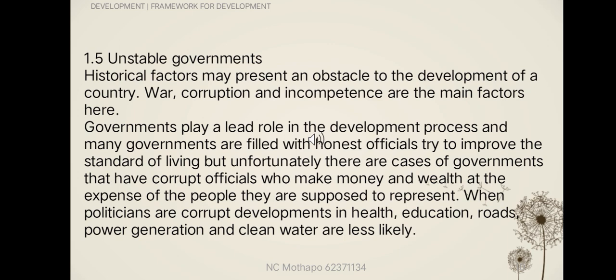Governments play a lead role in the development process, and many governments are filled with honest people who do a good job trying to raise both the standard of living and quality of life of the people who live there. Unfortunately, there are cases of governments that have corrupt officials who make money and wealth at the expense of the people that they are supposed to represent.